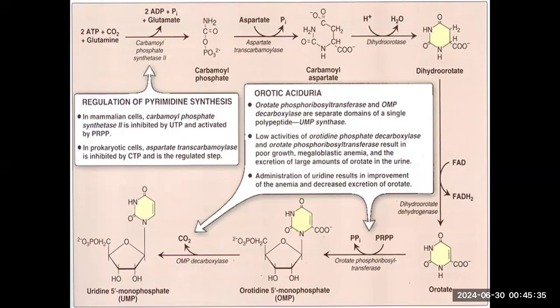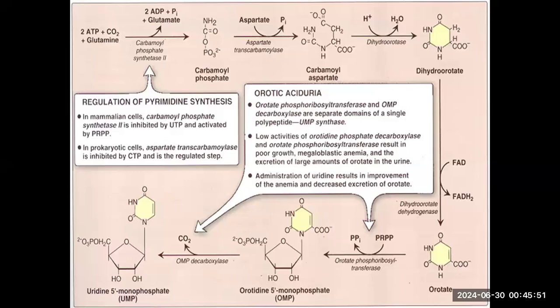That is, the first molecule is phosphoribosyl pyrophosphate, and on phosphoribosyl pyrophosphate, different atoms are added one by one sequentially, and we get the formation of purine nucleotide.